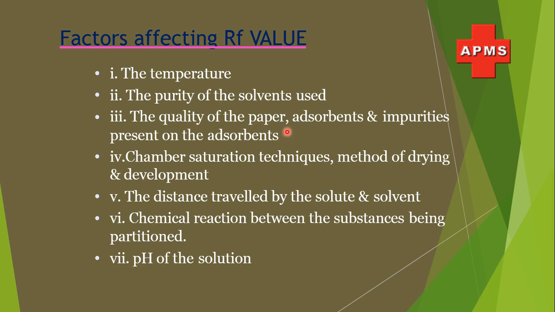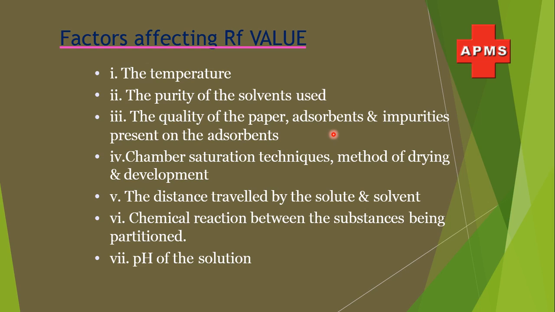Our stationary phase quality, obviously this RF value will depend on this paper quality and adsorbents, which type of adsorbent we are using, whether silica gel or alumina gel impregnated paper.